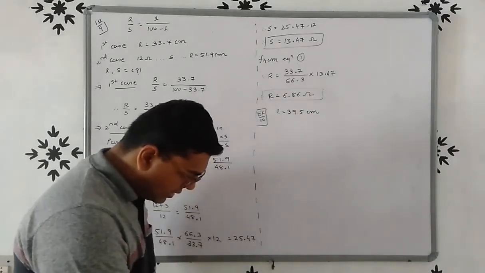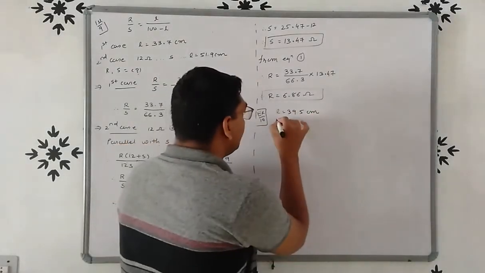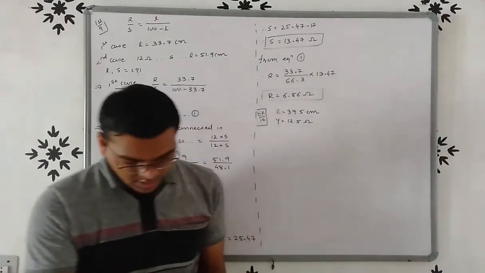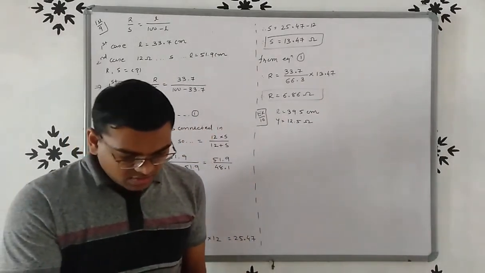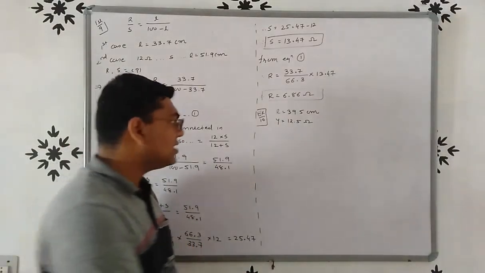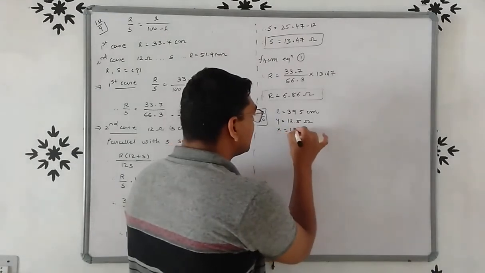The value of resistor Y is given as 12.5 ohm. We have to find out the value of resistance X in this first case.